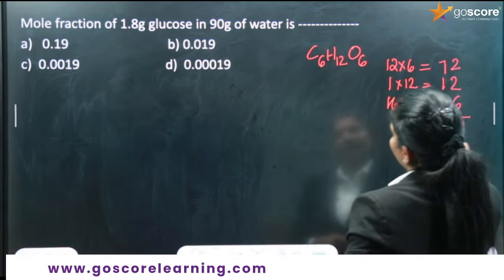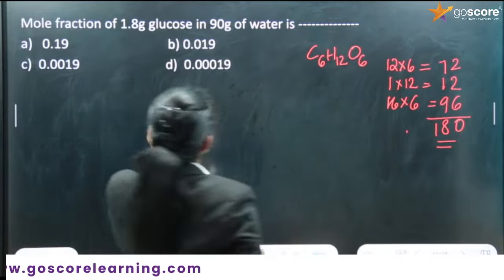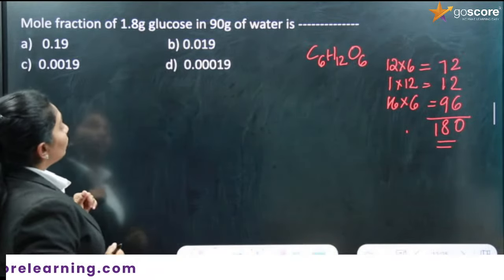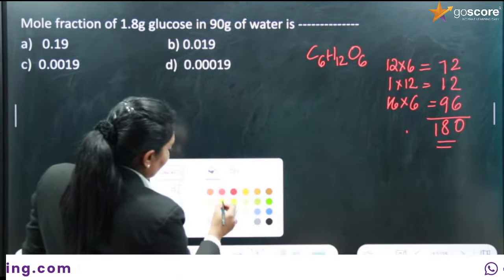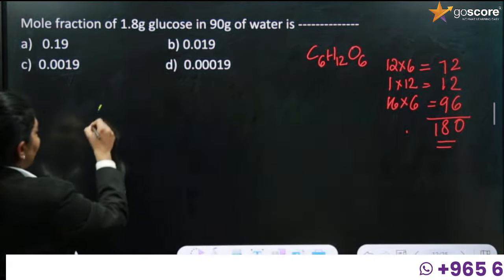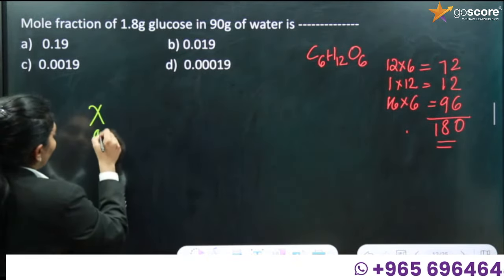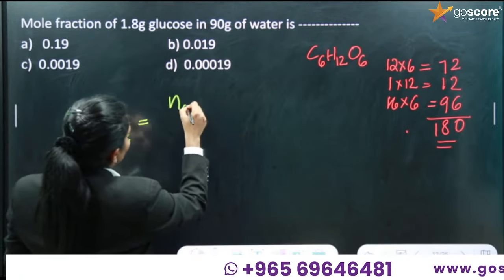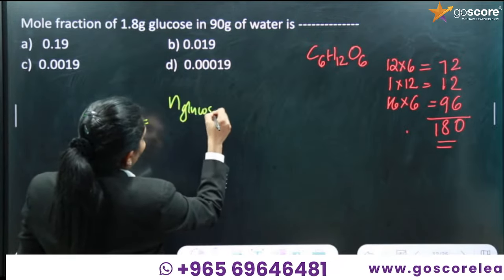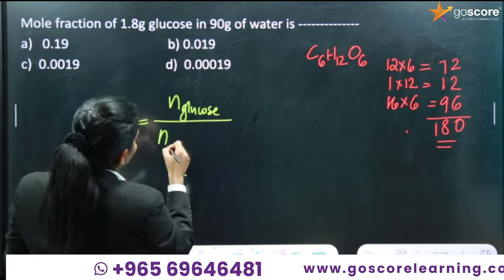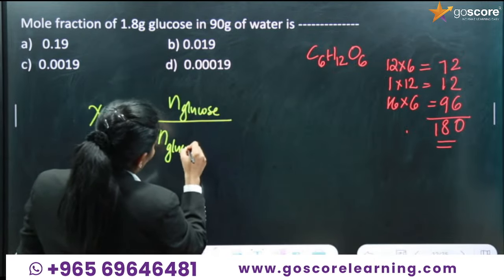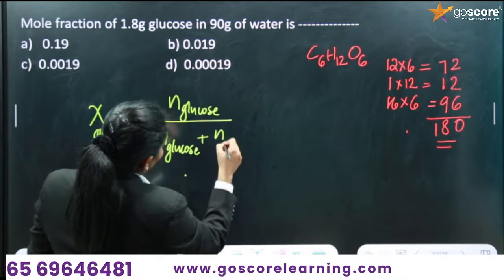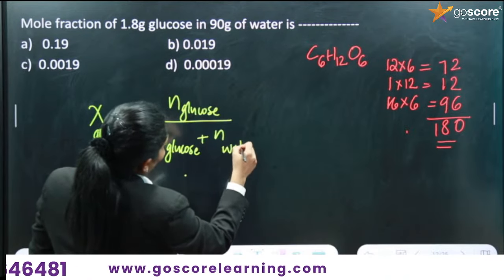It is 180, right? So how will we find the mole fraction of glucose? The mole fraction of glucose, chi of glucose, is equal to the number of moles of glucose divided by the number of moles of glucose plus the number of moles of water.